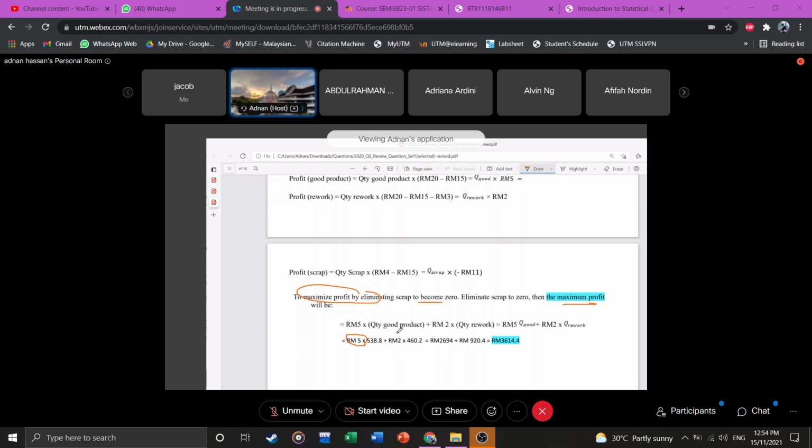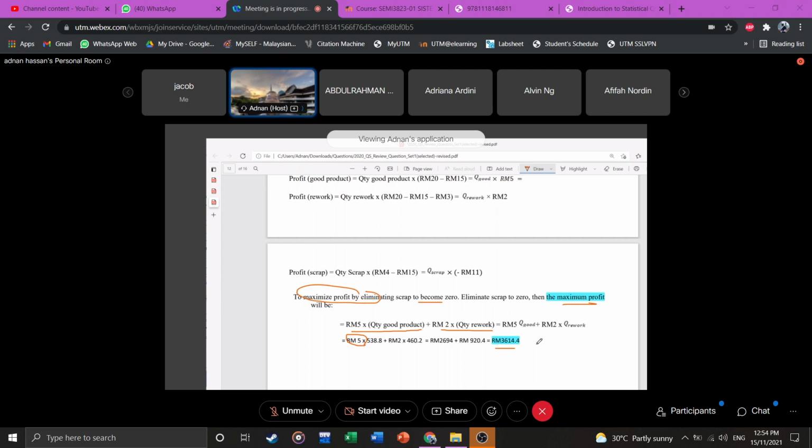This is the formula. 5 ringgit is for quality of good product, 2 ringgit is for quality of rework. Now you get 3614.